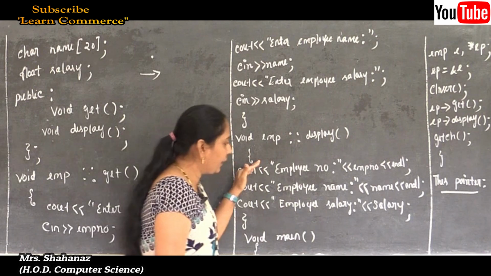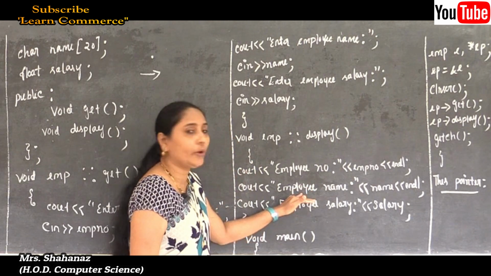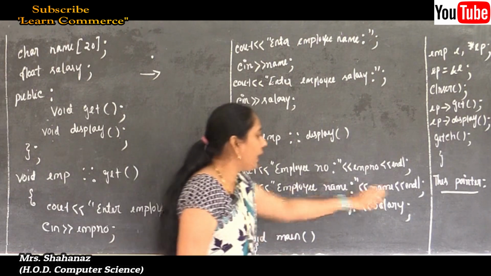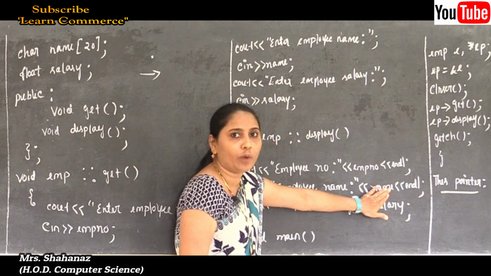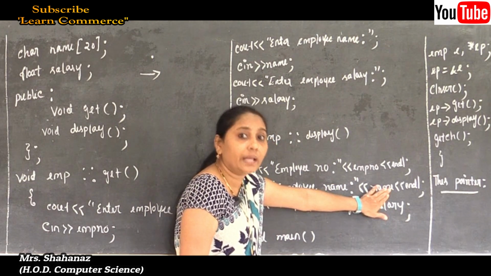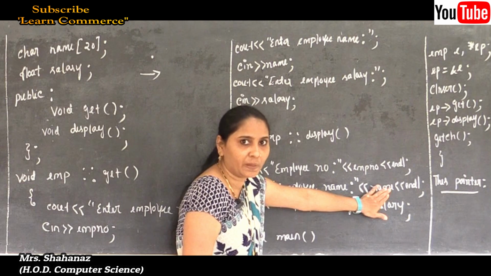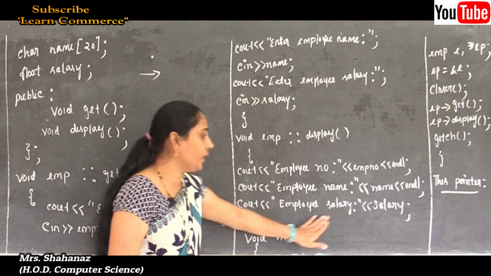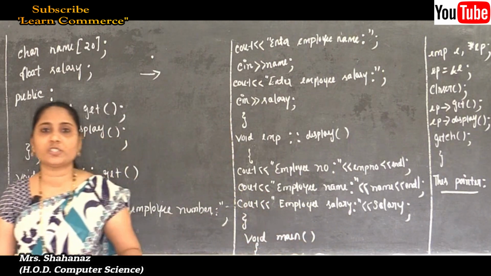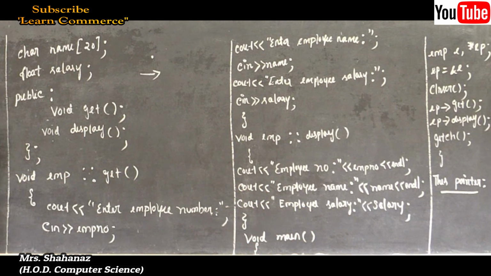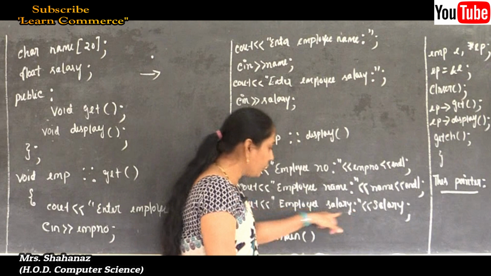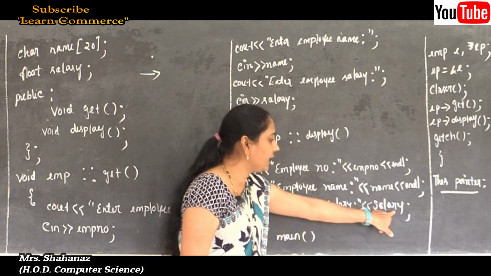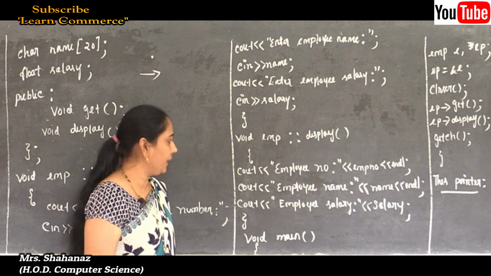And second, the employee name is going to be displayed as a message, and whatever name you added to our EMP name here, such name is going to be displayed one after another. And last, the employee salary, clear on this point here, the salary is going to be displayed as a message and then the salary value is going to be displayed.